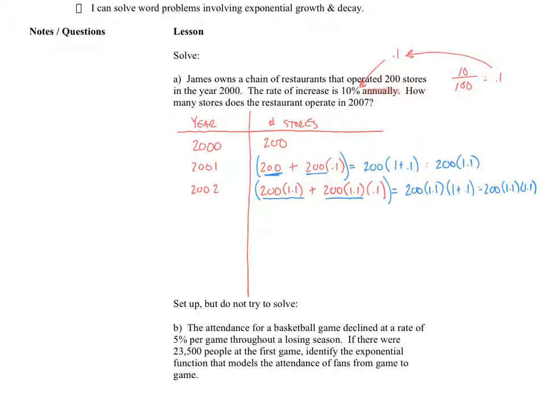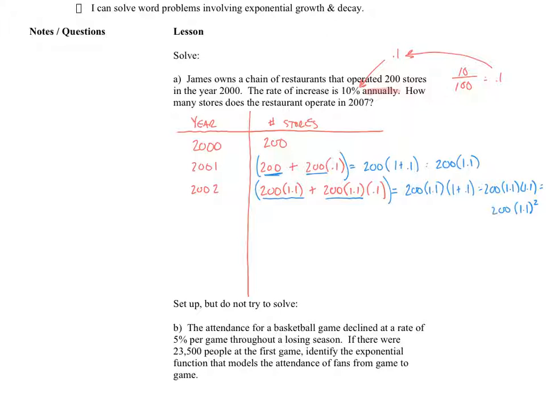And notice that these two things are the same, so I could rewrite this then as 200 times 1.1 squared. So that's how many stores he has in the year 2002.